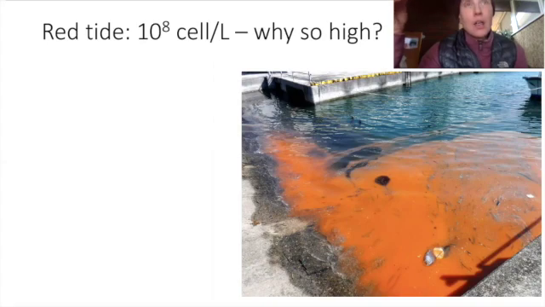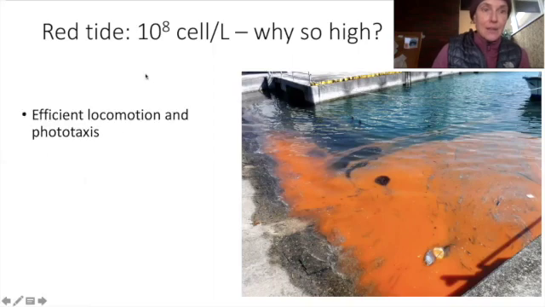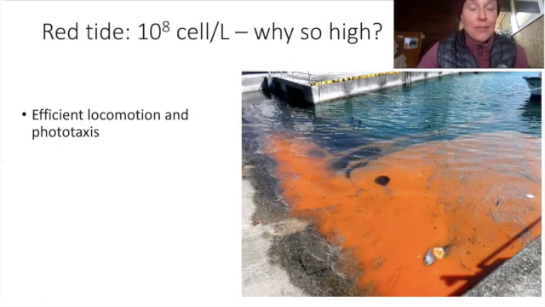Well, fluctuations in their populations is totally normal, and occasionally algal blooms will happen in natural ecosystems, but they don't typically happen as much as they're happening now. I mean, they happen in nature because these organisms are really good at moving around, and they're good at phototaxis and chemotaxis.